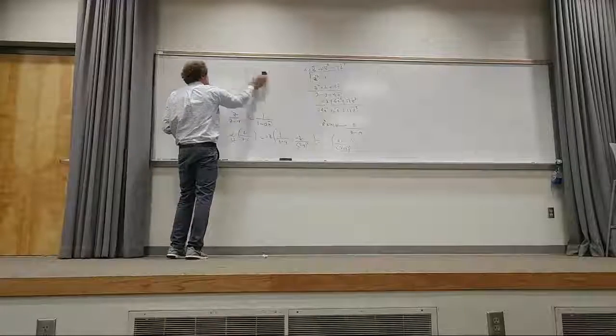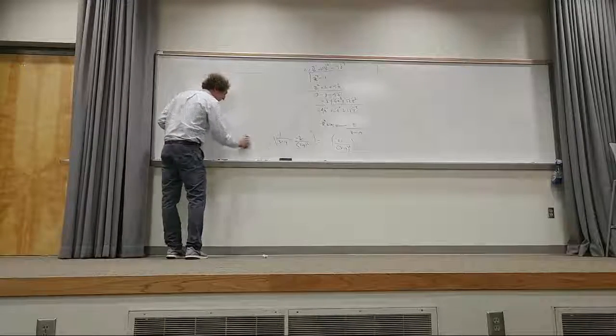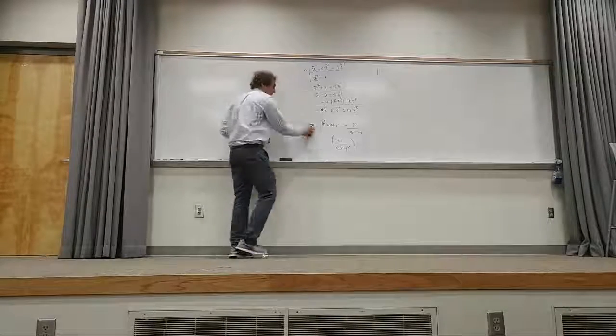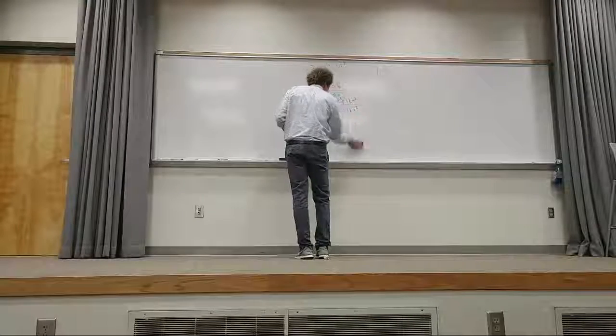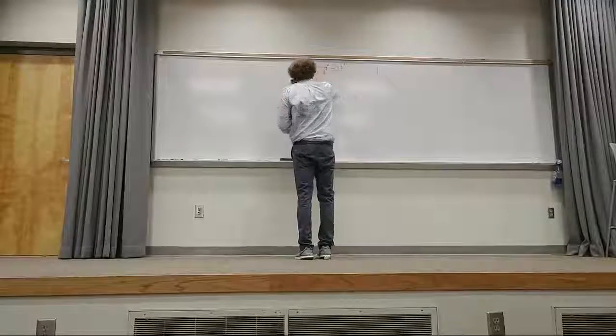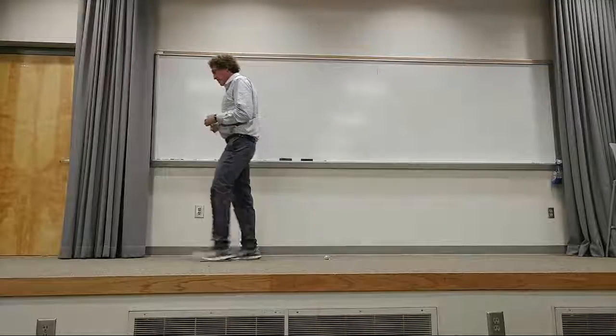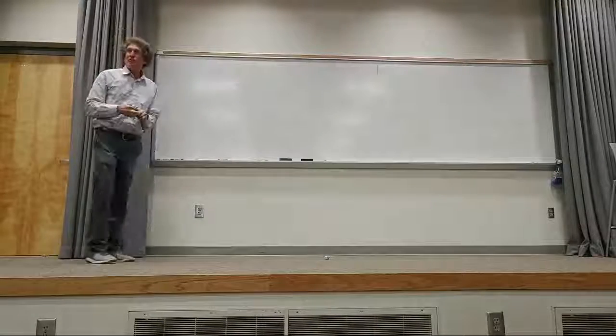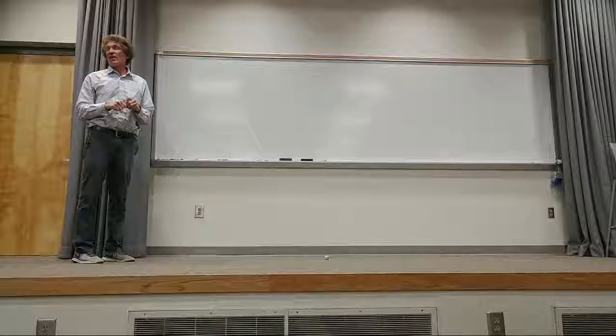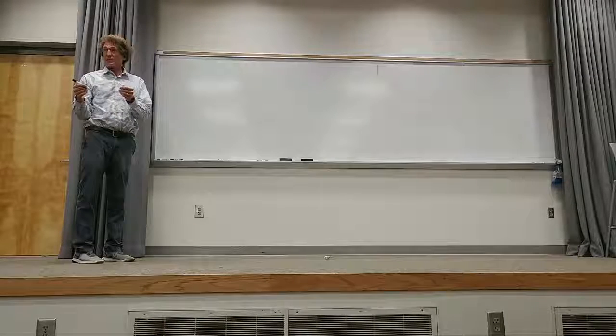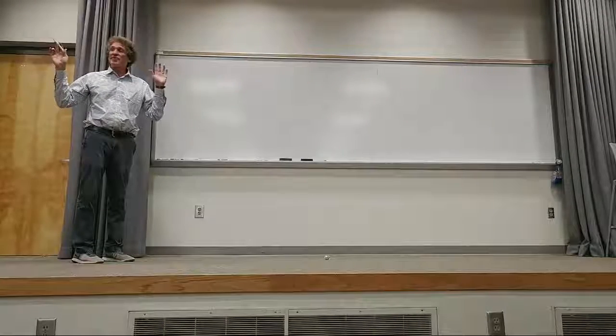Now, next, applying Z transforms to actual difference equations and then getting meaningful results from transfer functions. So I need to tell you one thing before I get going. You've been exposed so far to analog circuits, right? I don't want you to write anything, I want you to just listen.